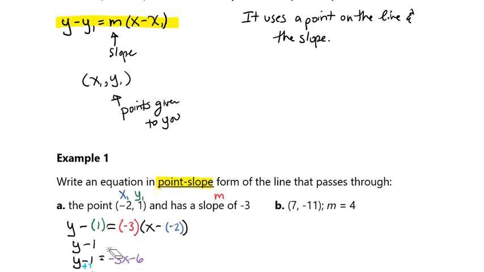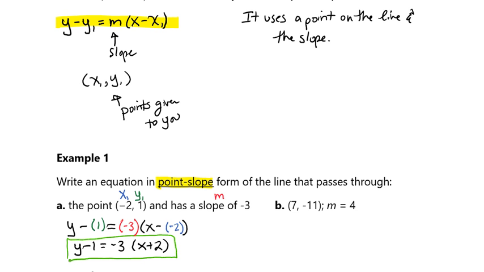Okay, you want to make sure that you're not doing too much work. It only asked you for point-slope form. So we should have y minus 1 equals -3 times x plus 2. And this is going to be our solution.